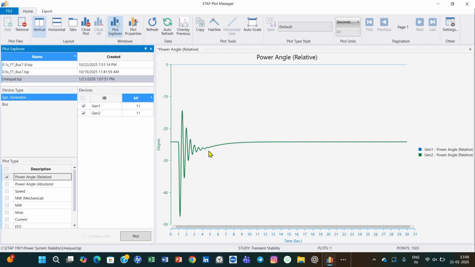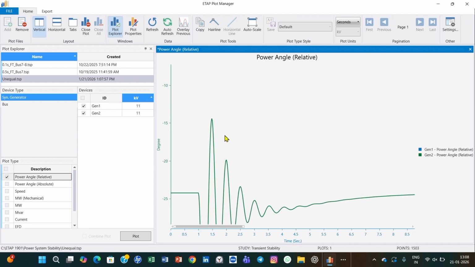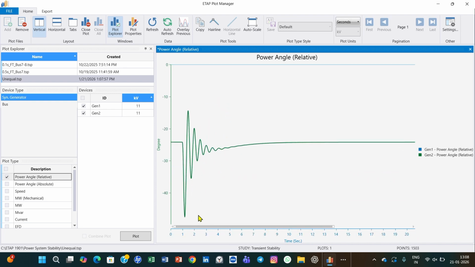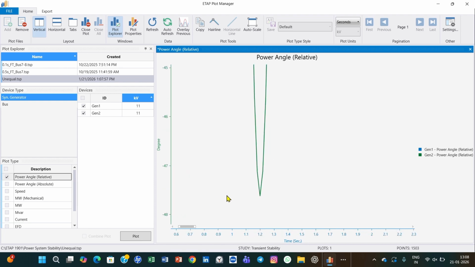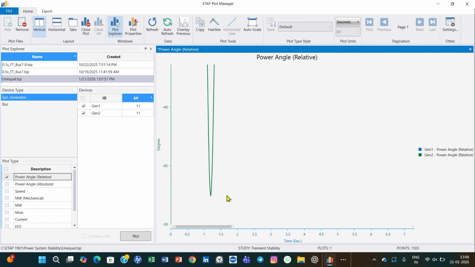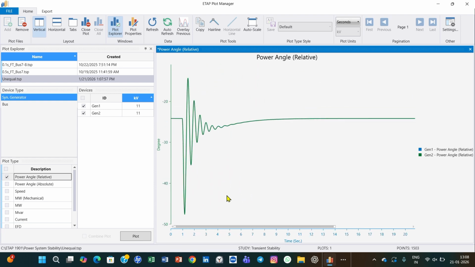Now you can see that the variation is drastically reduced, and it is around 14 degrees. That means our two generators will be in synchronism after the disturbance is cleared.